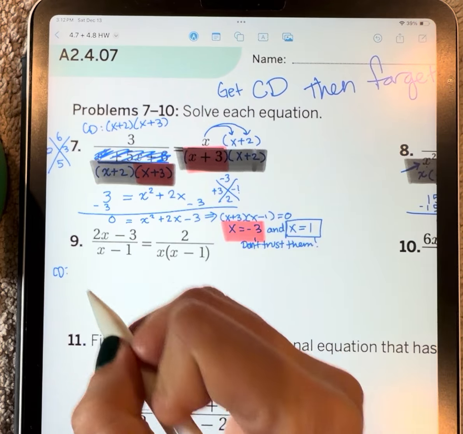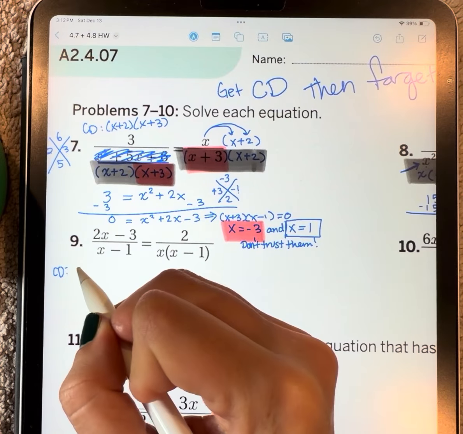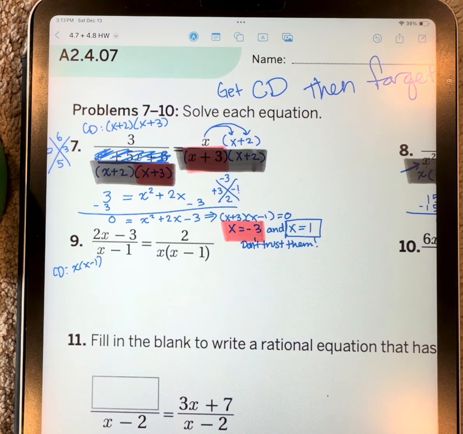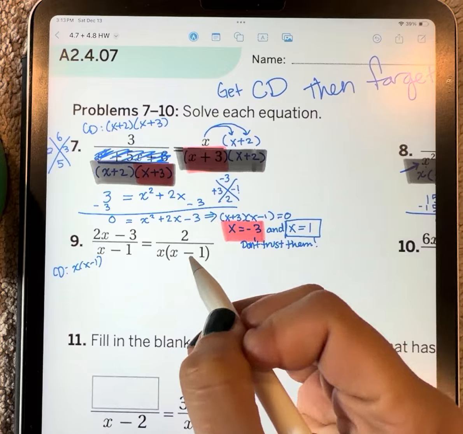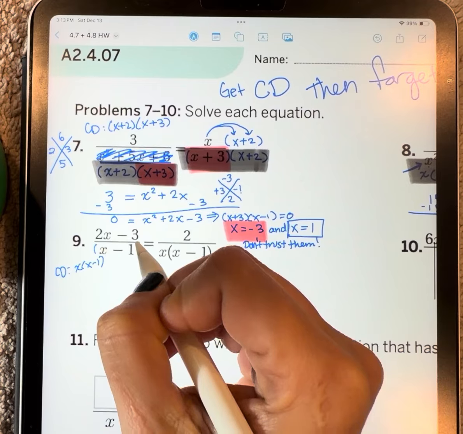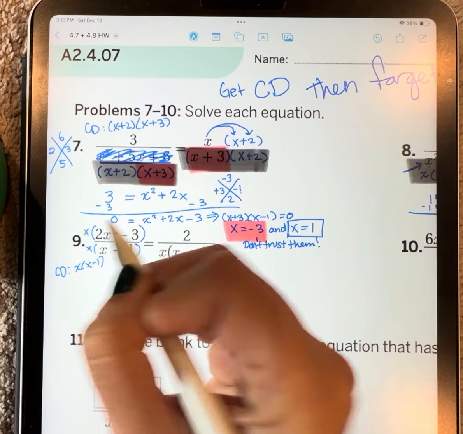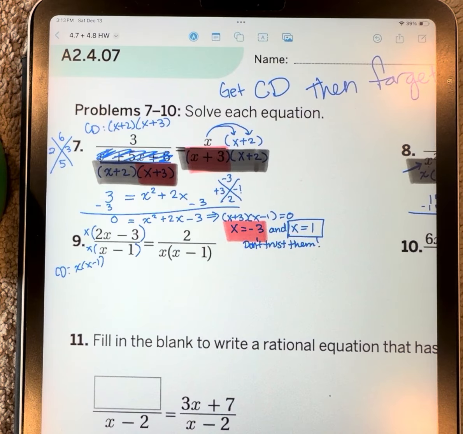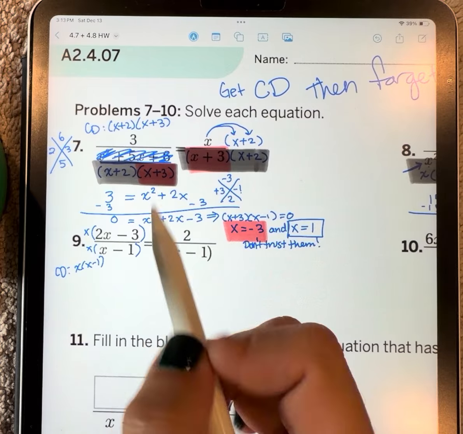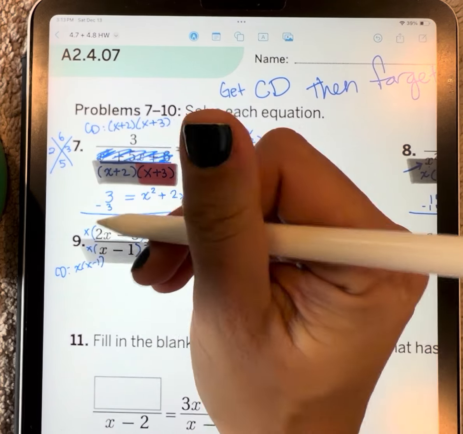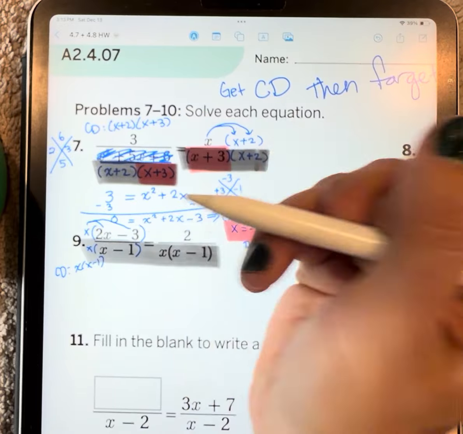Okay. The common denominator here is x times x minus 1. And then this one already has it, and this one needs the x, top and bottom. Okay, now both my fractions have a common denominator, so I forget the denominator, and I distribute the numerators.